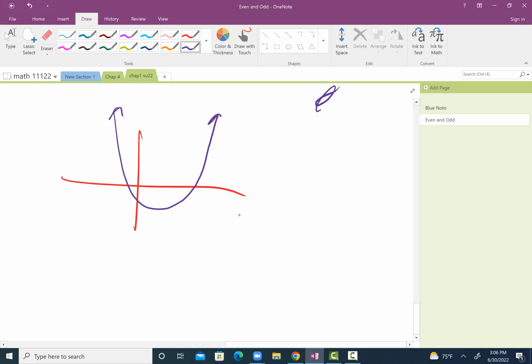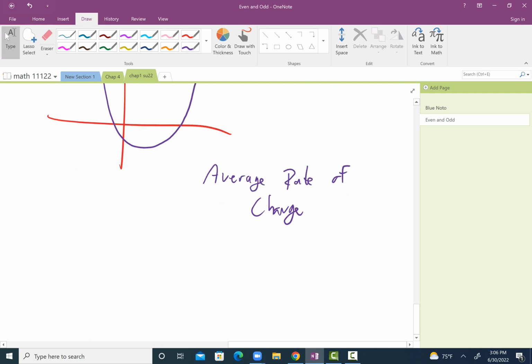They talk about the average rate of change. And here's how they define that. What you're going to do is find the difference. This triangle means difference in the y's. So you're going to take a function.